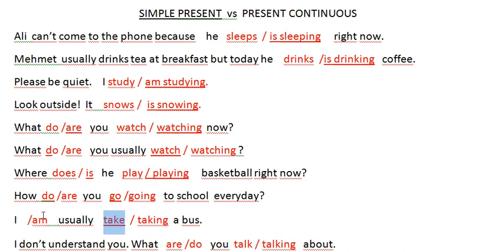But in present continuous, we use the helping verb in the positive sentences. I am taking a bus. But if we use simple present, I just say I take a bus. I usually take a bus. So we don't use do or does in the positive sentences.